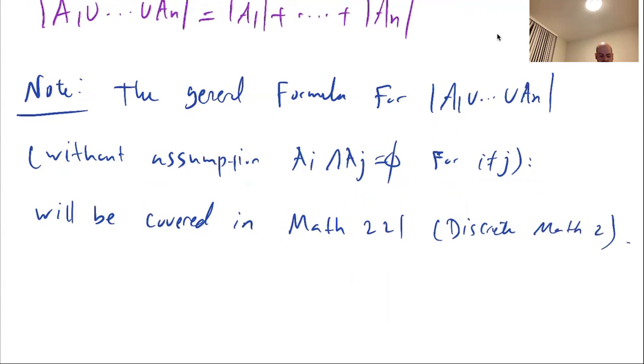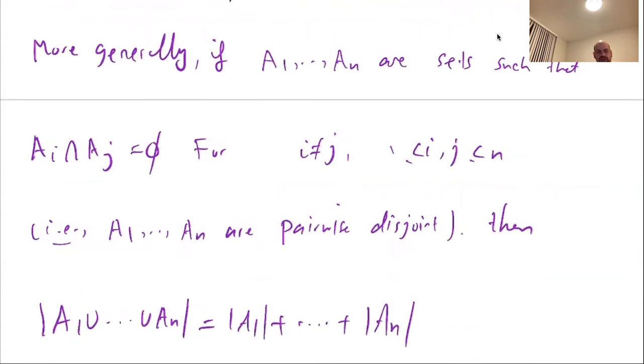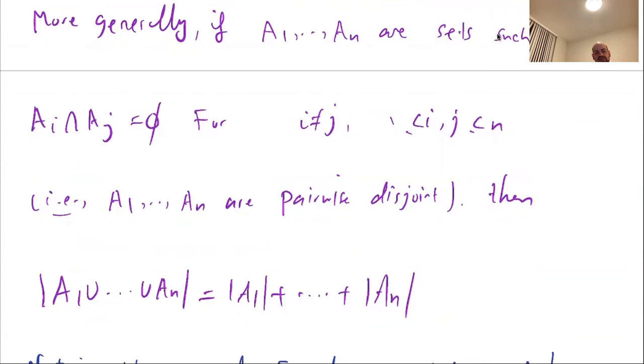So in this course, we just cover simple cases. For n sets, we cover it only in the case that any two of them have empty intersection.